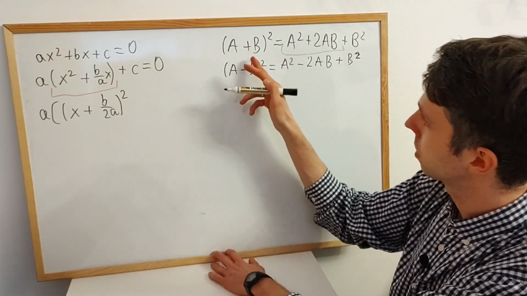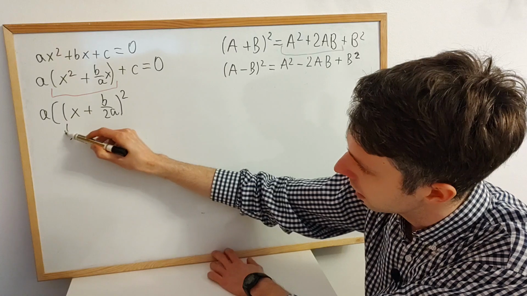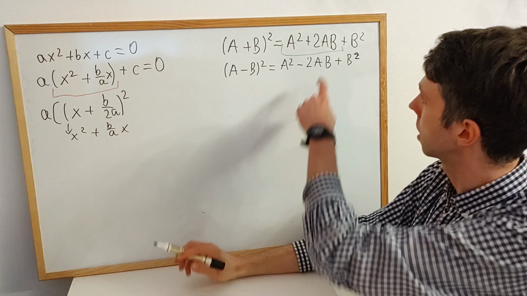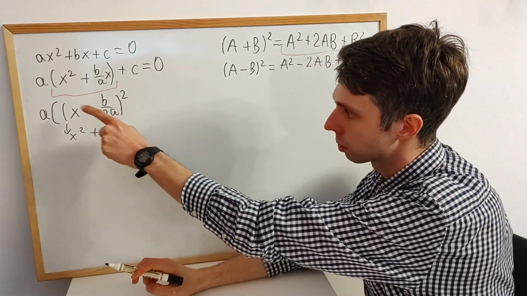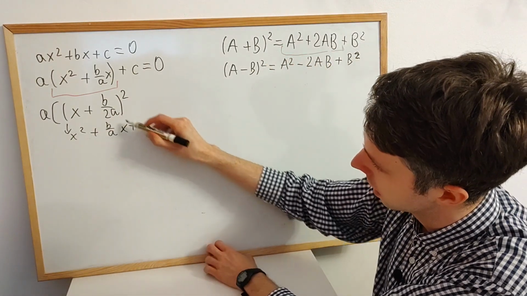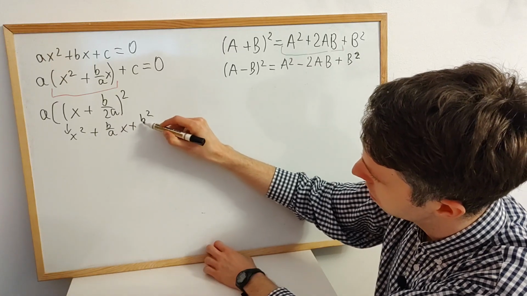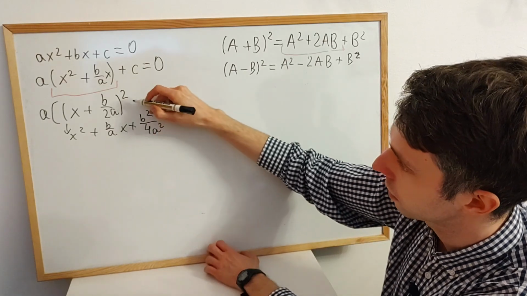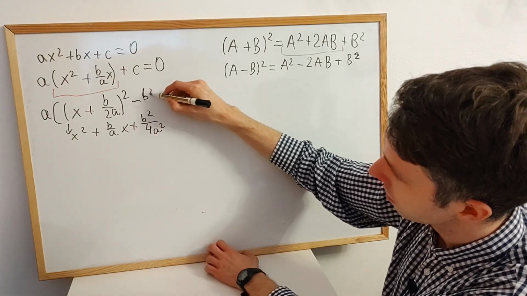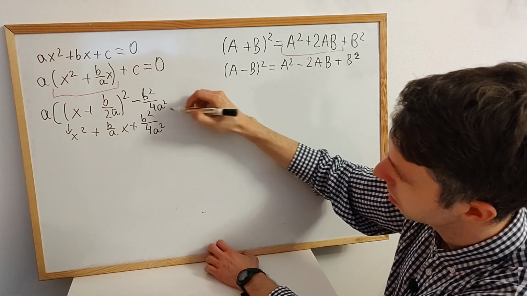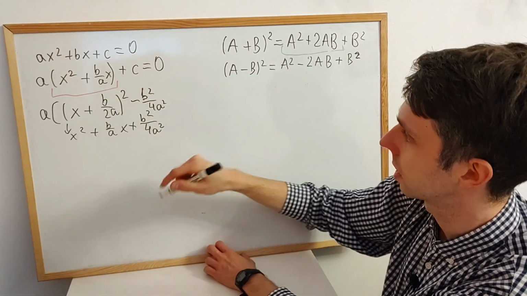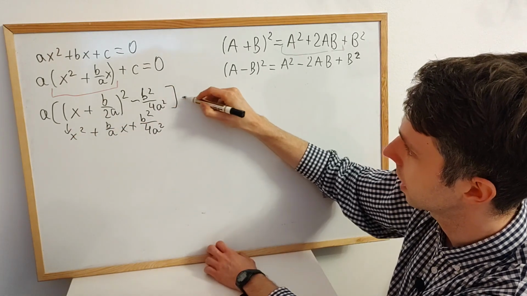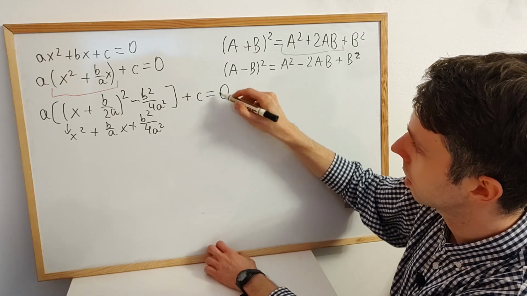So if I use this formula, I get again x squared plus b over a x, that's this, because 2 cancels out, but I get again the term b squared over 4a squared, so that's what I have to subtract, because I don't have such a term here. Alright, here the square bracket ends, and here I have plus c equals 0.